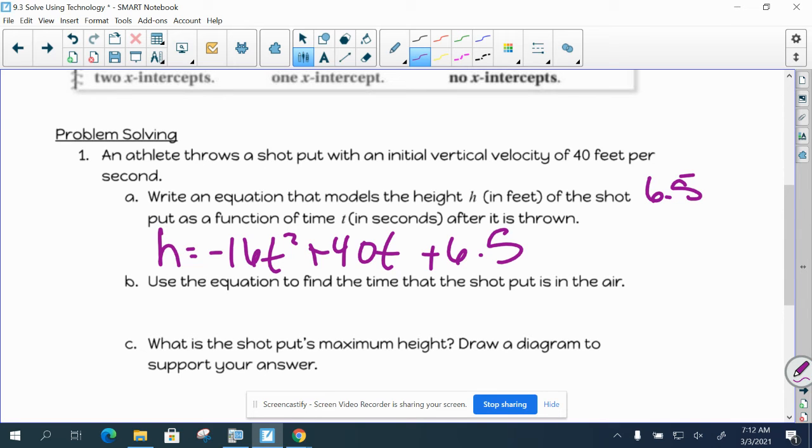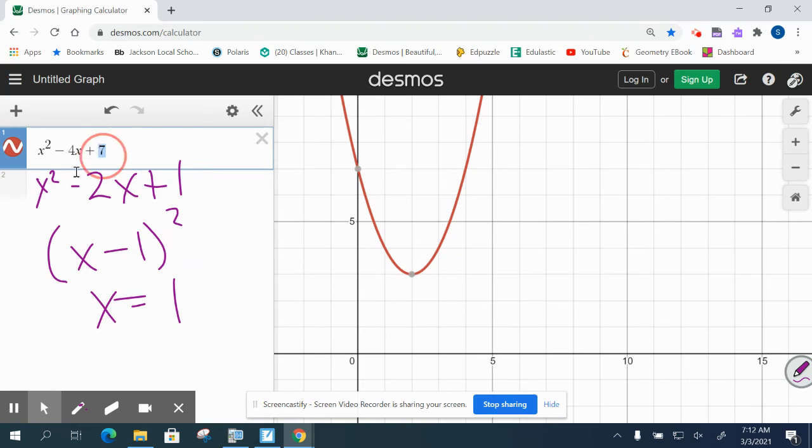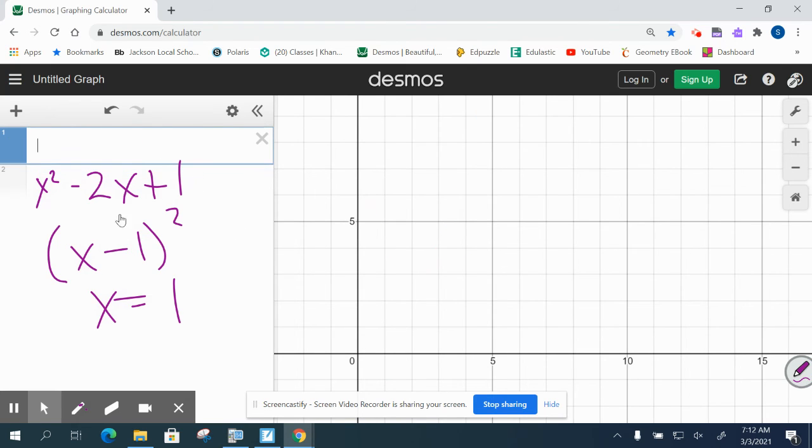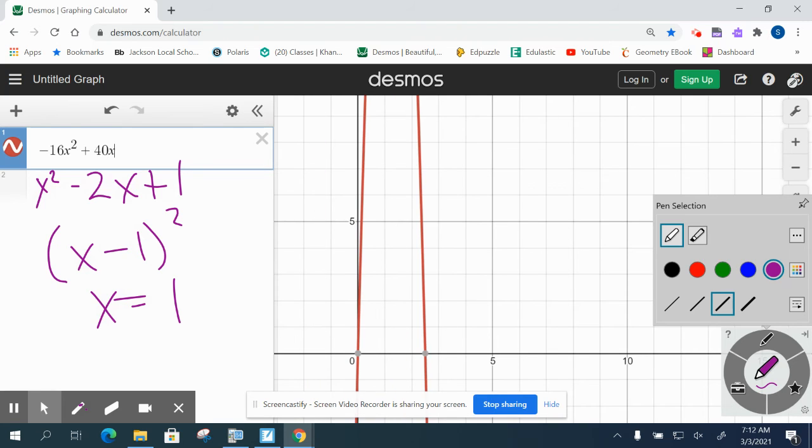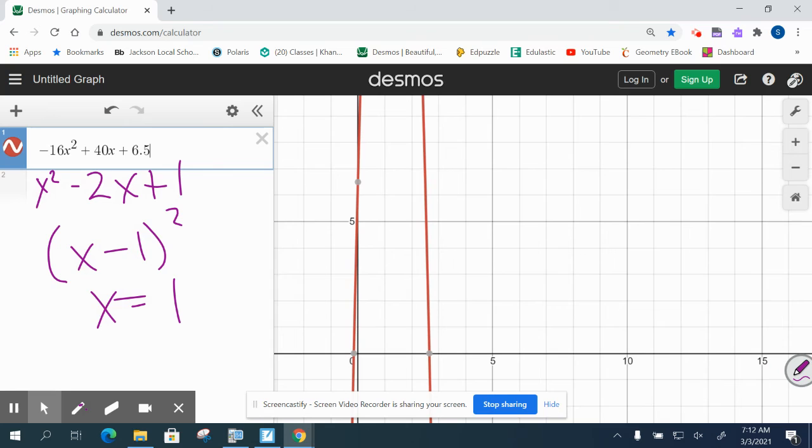Okay, so what we're going to do is take this and put it into Desmos. So we had -16. We're going to use x squared though, plus 40t, plus 6.5.